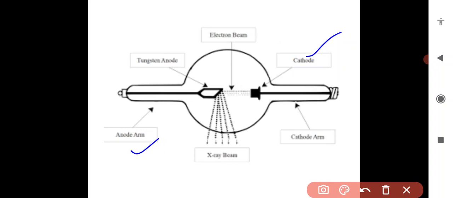The cathode consists of a tungsten filament. Here is the cathode arm and the anode arm. The tungsten filament is connected with a battery. The anode consists of a water-cooled block of copper containing the desired target material.